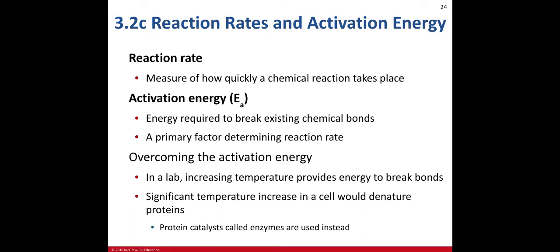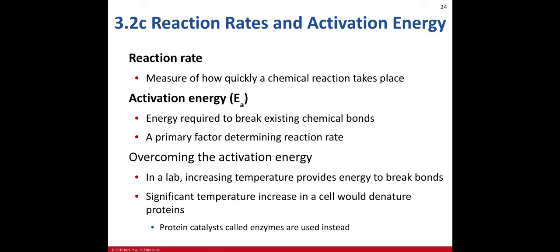Again, a reaction rate is just how quickly a chemical reaction is taking place. Activation energy is the energy that we need to break existing chemical bonds. And this is really what determines how fast or how slow a reaction is taking place. In order to overcome the activation energy, there's a few things that we can do.